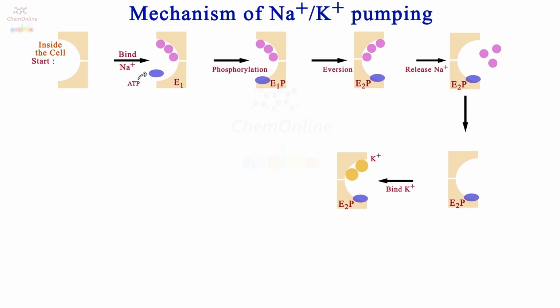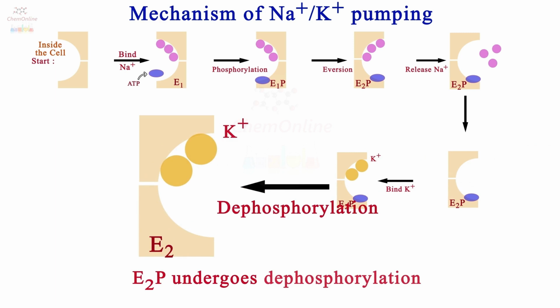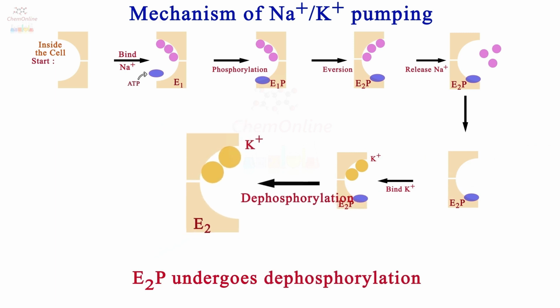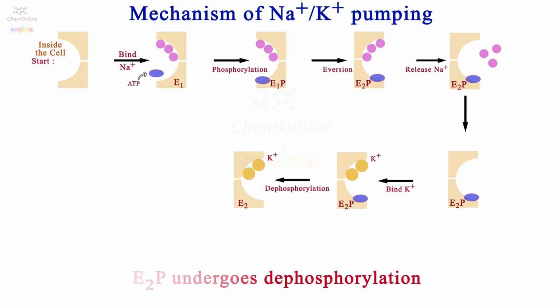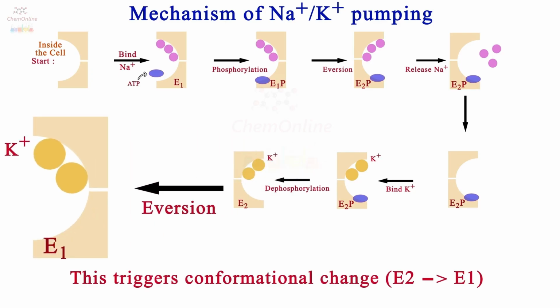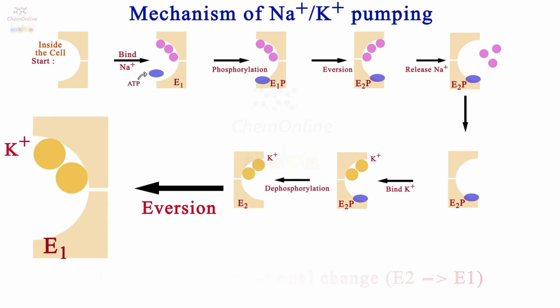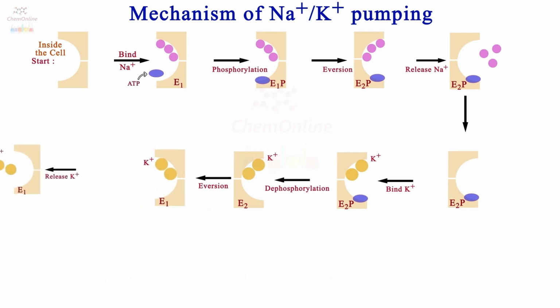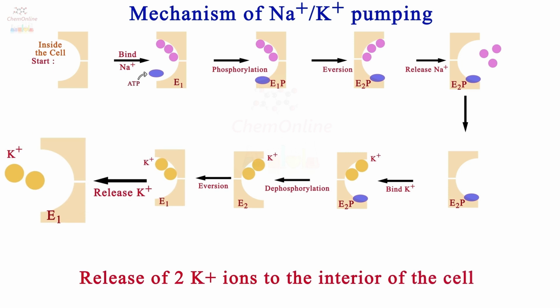Binding of the 2 K+ ions causes dephosphorylation of the enzyme, which again causes a conformational change, that is from E2 to E1. And this will result in the release of 2 K+ ions to the interior of the cell.